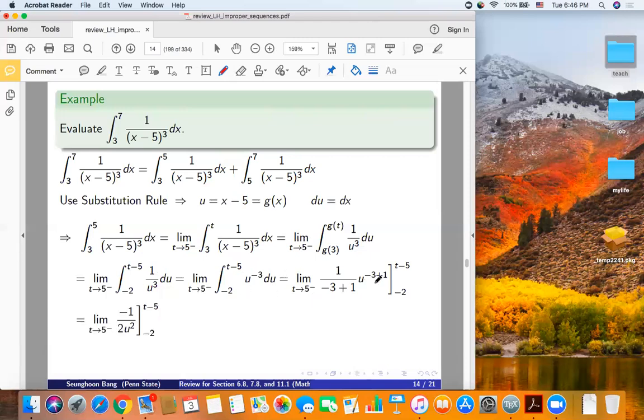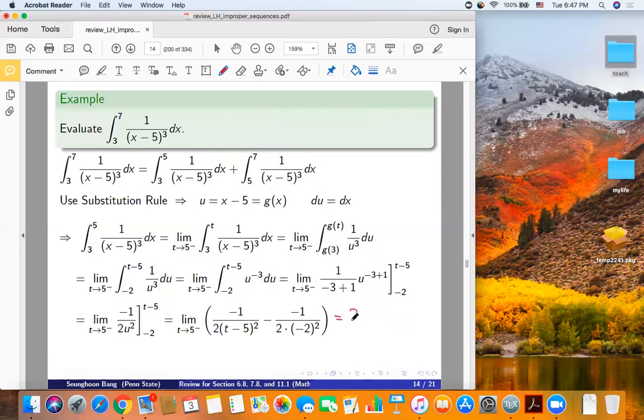You can just simplify. So this is u to the negative 2, which you can write as 1 over u squared, so this is the same as minus 1 over 2 times that. The next, plug in t minus 5 and negative 2.